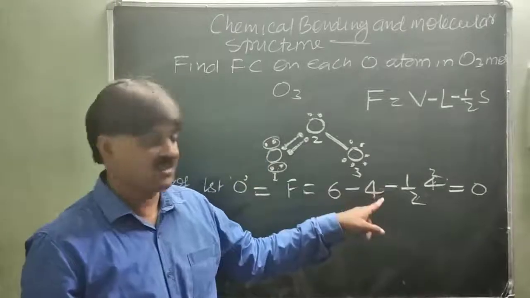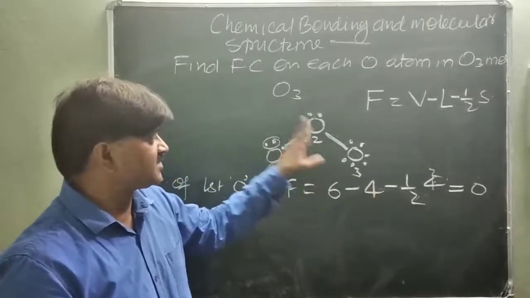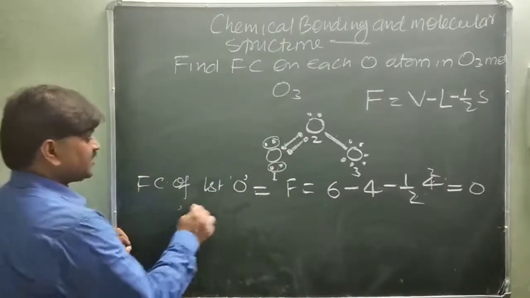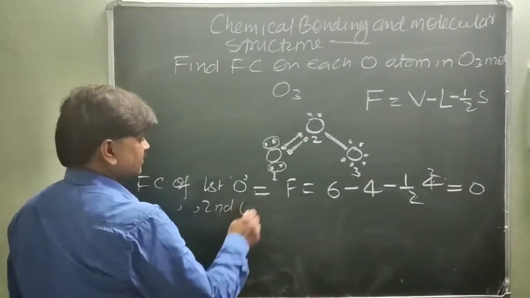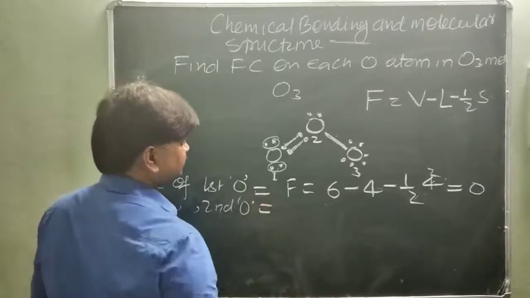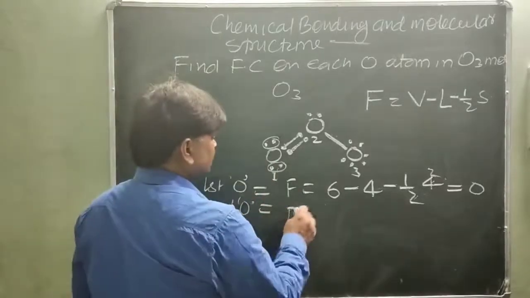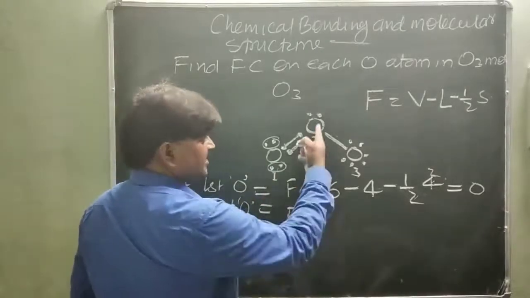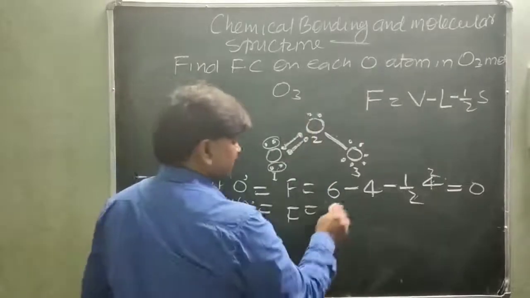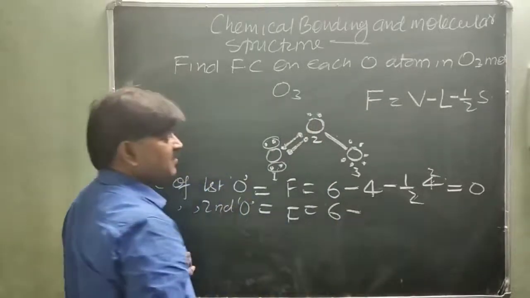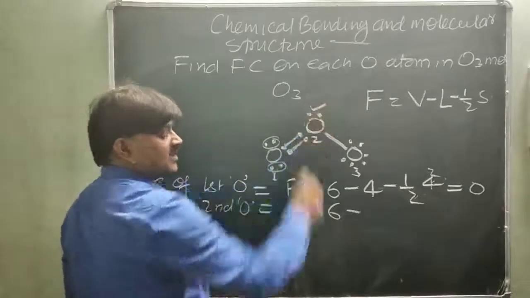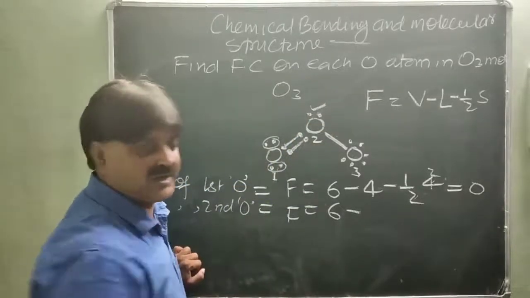This is 0. Now we come to the second oxygen. Formal charge on the second oxygen: F is equal to the number of valence electrons, which is the same because it is also oxygen, 6, minus the number of lone pair electrons. So one lone pair means how many electrons? 2 electrons.